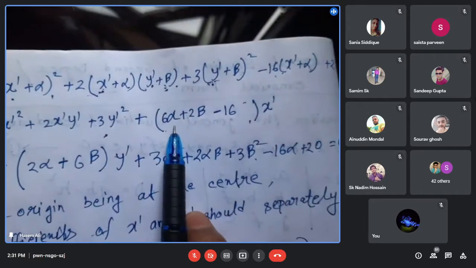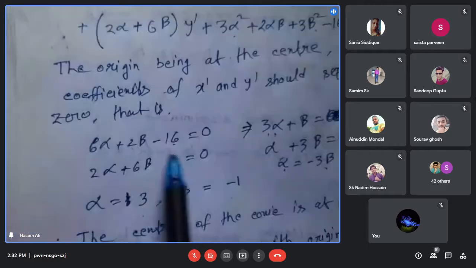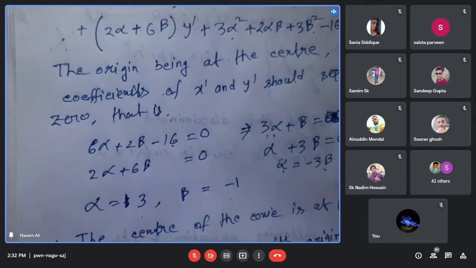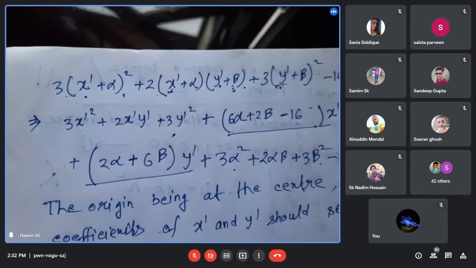Now this term will be 0 because the coefficient should be 0. So the first degree term will be 0, so this term will be removed.